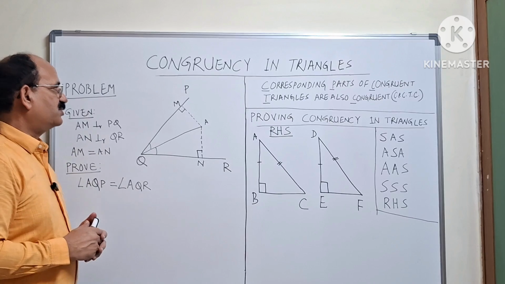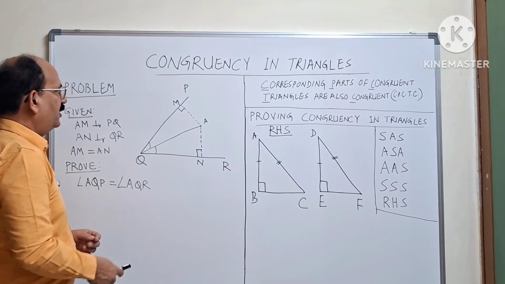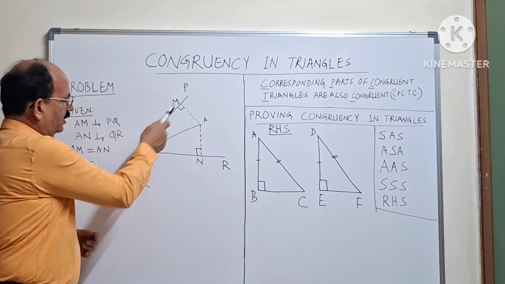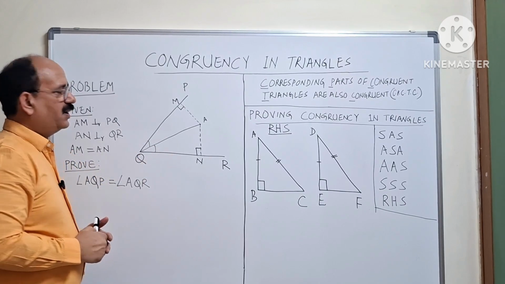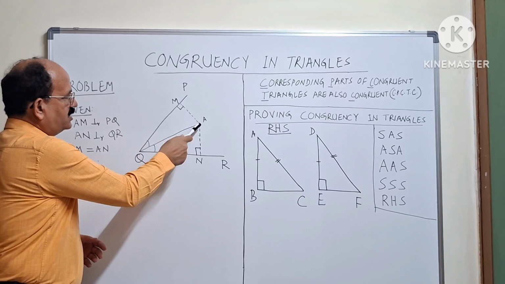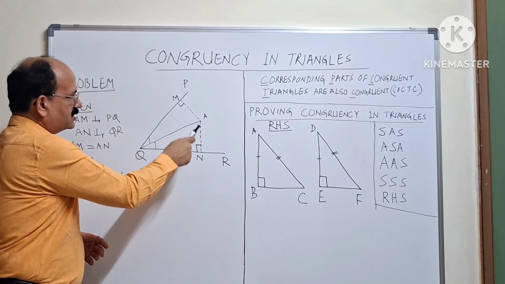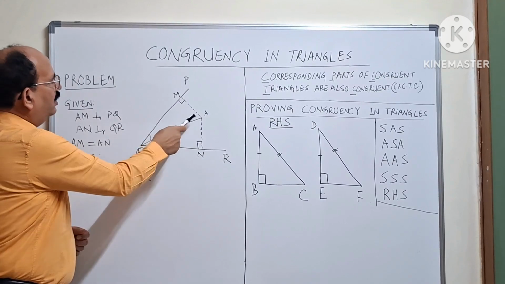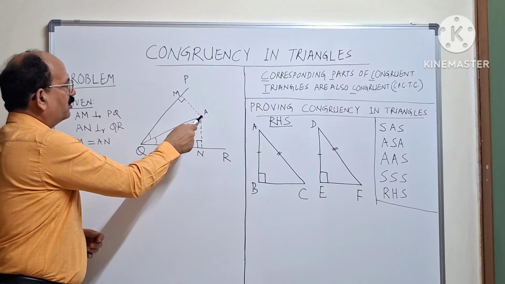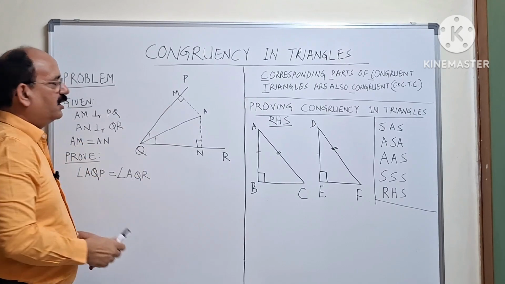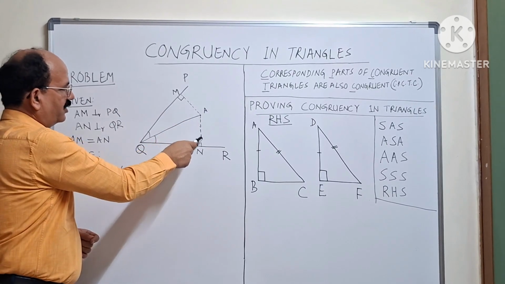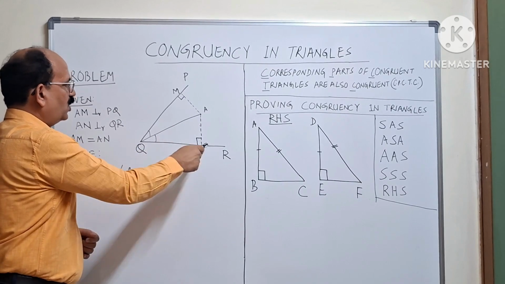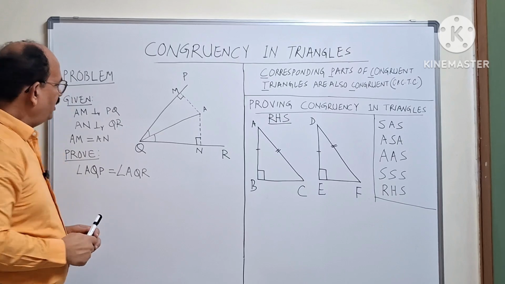Here is a problem statement where there is one angle PQR and there is a point in this region, that is point A. A perpendicular has been drawn on PQ from A, that is AM. Likewise, another perpendicular has been drawn from A to QR, and that is AN.